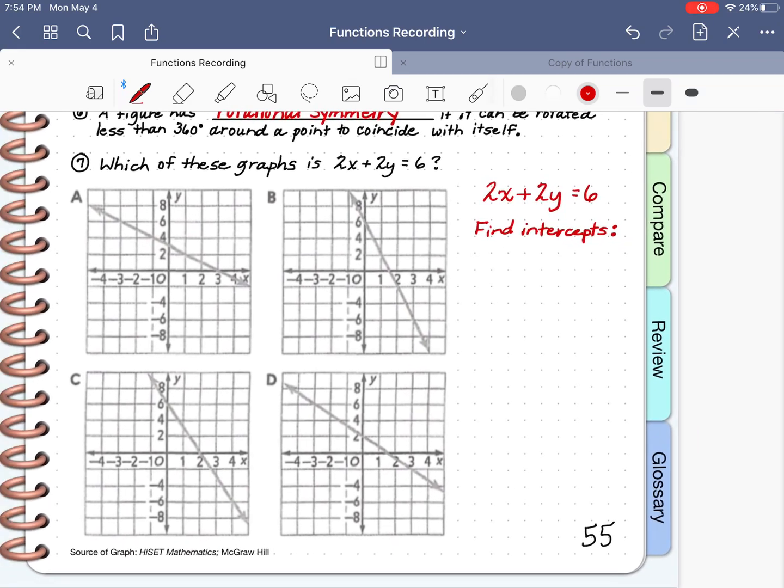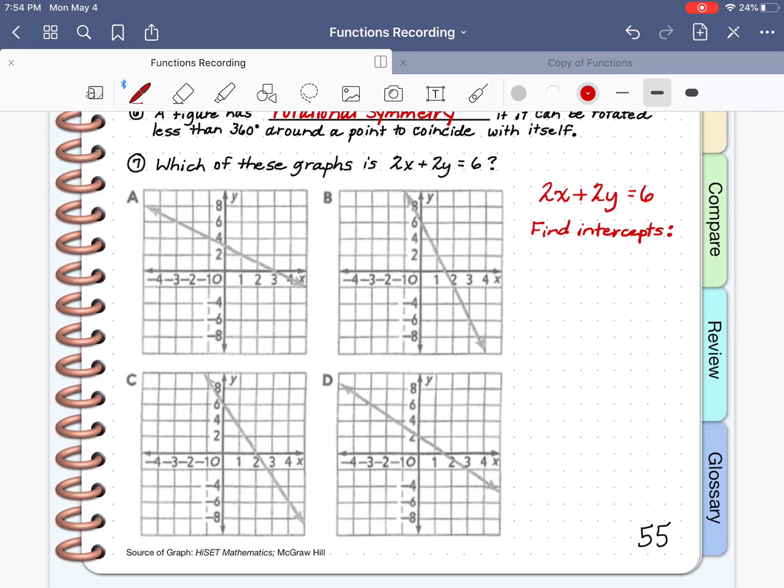I like to find the y first because it's usually easier to do. Not always, but usually. So this is 2x plus 2y equals 6, and I want to solve this equation for y. I want to get y on this side and everything else on this side.